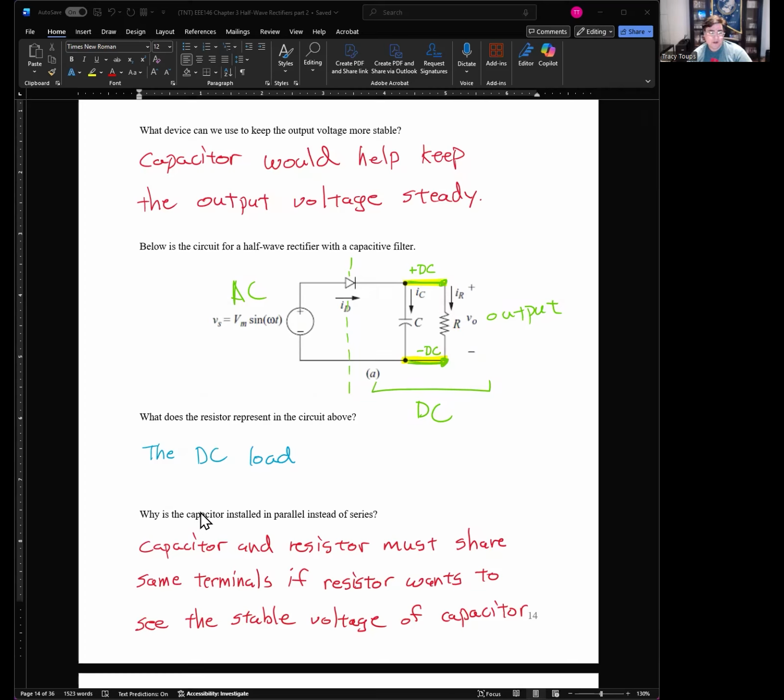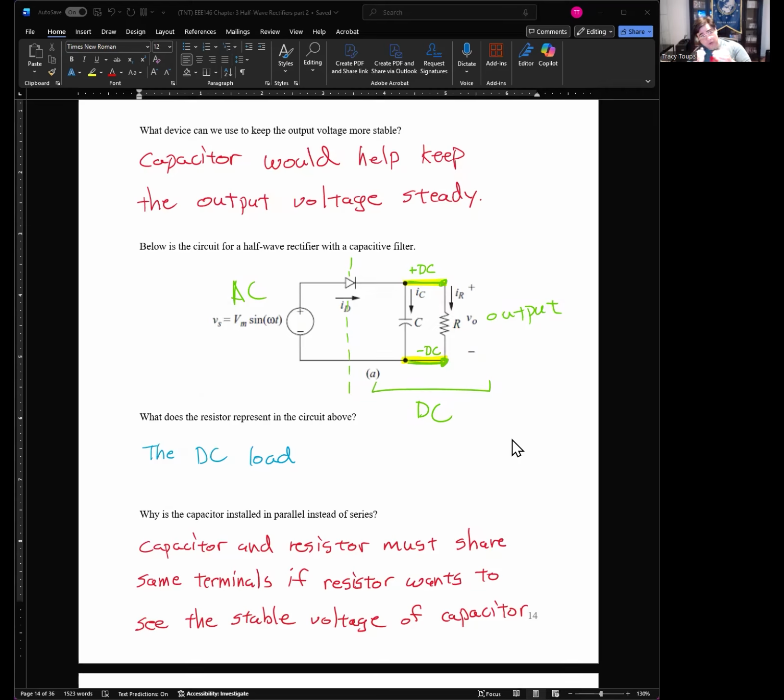Okay. Why is the capacitor installed in parallel instead of series? It's always the big question when you put a filter on, right? Does the capacitor go in parallel, side by side, or in series in one loop? Capacitors and resistors must share the same terminals if the resistor wants to see a stable voltage like the capacitor. The general rule of thumb is when you're trying to control voltage, you need to put things in parallel to share the same voltage.